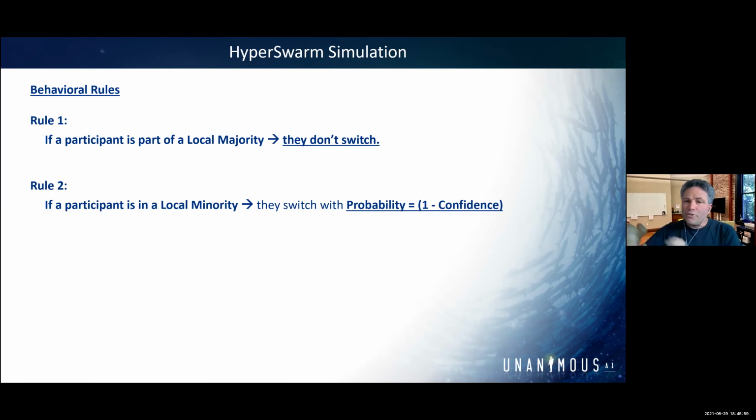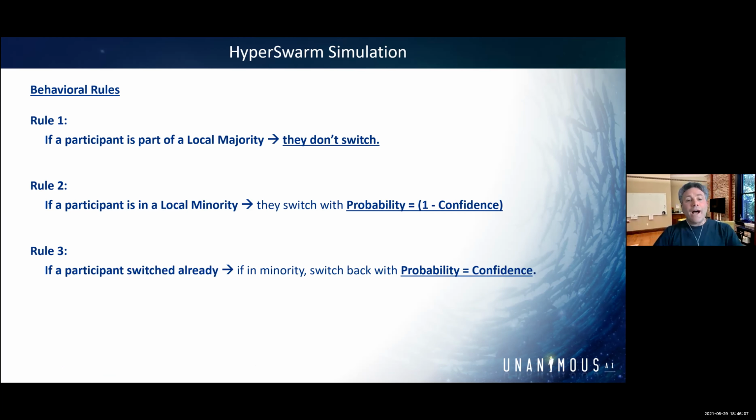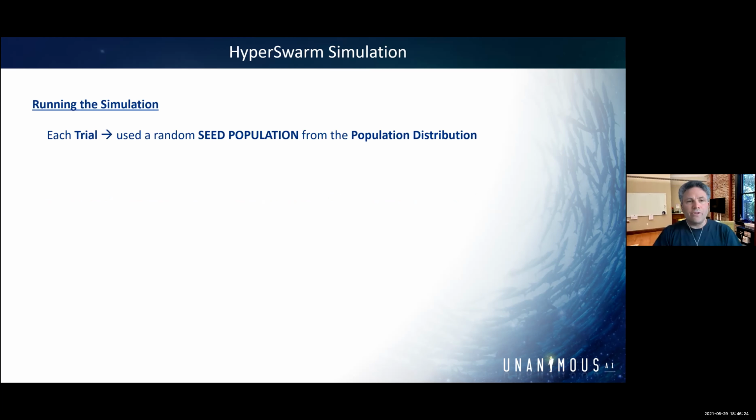If my confidence is 50%, and I find myself in a local minority, there's a 50% chance that I might switch my opinion. And if a participant has already switched once from my original opinion, but then I find myself in the minority again because other people switched around me, then the probability that I switch back is just my original confidence. So these simple rules, and then we ran the simulation.